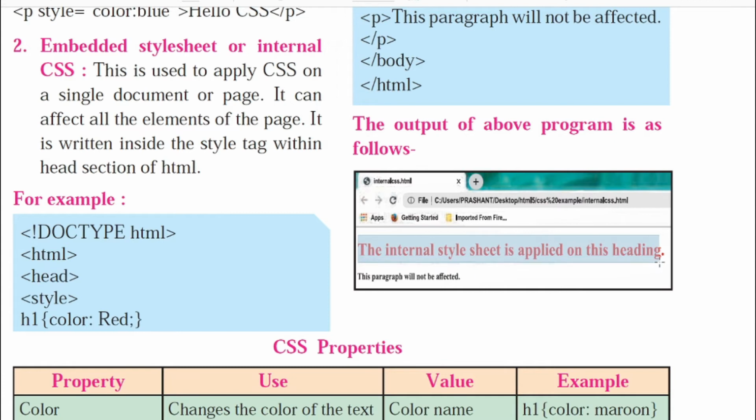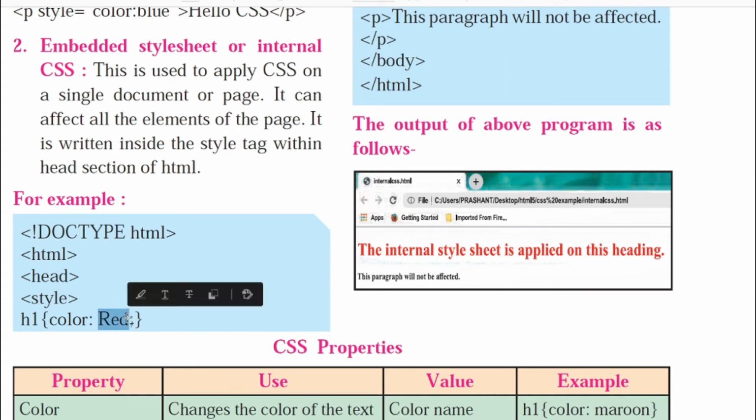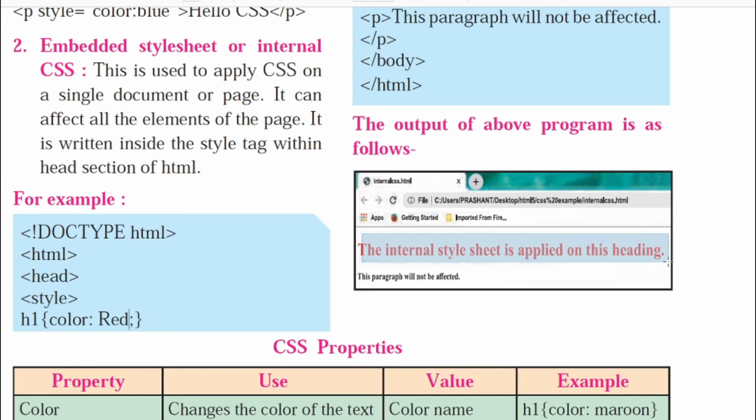So here you can see, my dear students, this part is our internal style sheet. Here you can see the heading, that is h1, is appearing in red color. As we applied CSS color red, you can see the red color heading in the output. So in this way, an internal style sheet is applied.